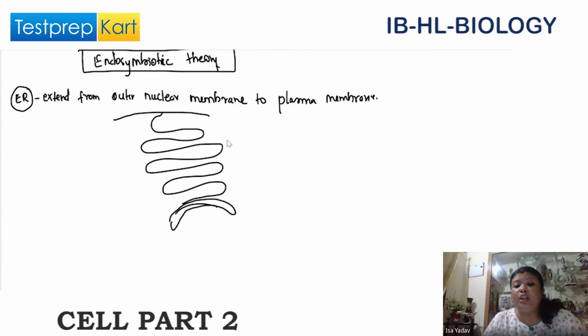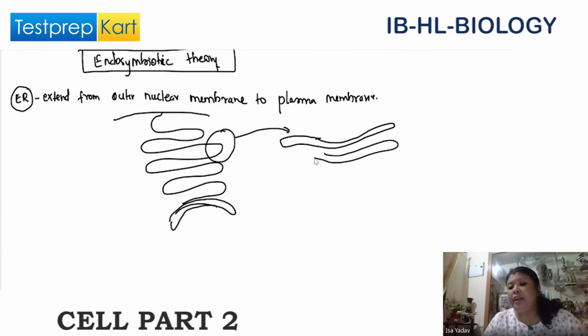If you enlarge this area and look, the endoplasmic reticulum is made up of flattened structures like this. Flat elongated structures are called cisternae. Also, we will find tubular structures like this. These are called tubules.